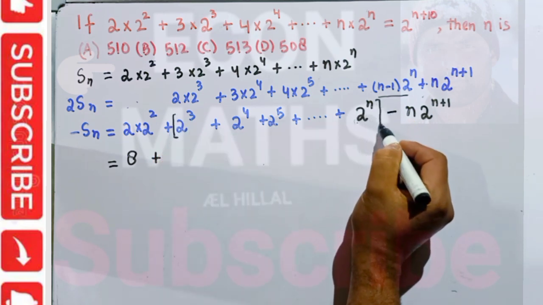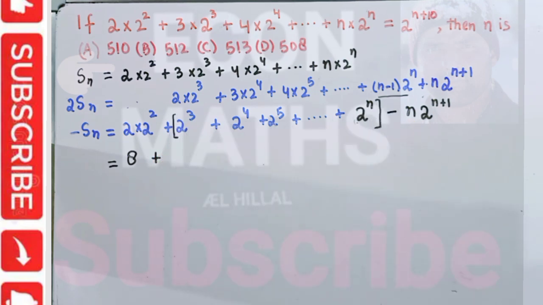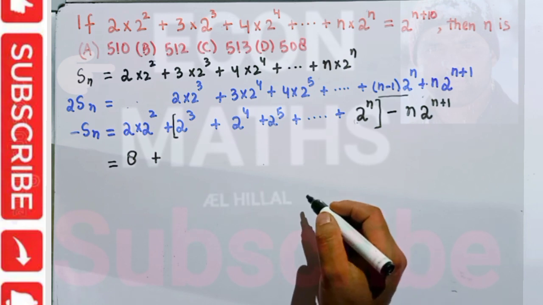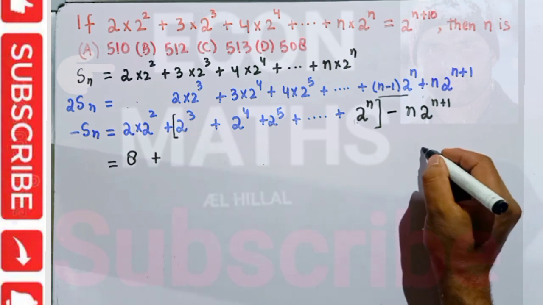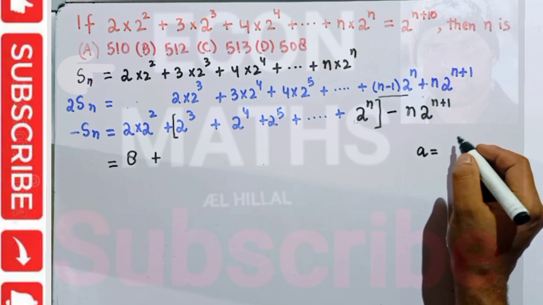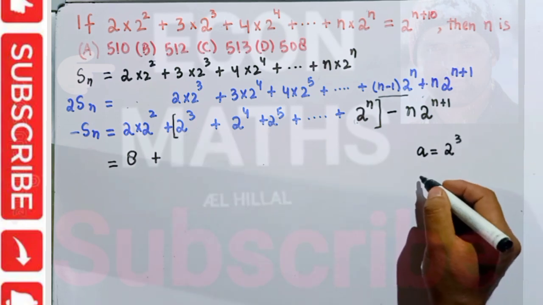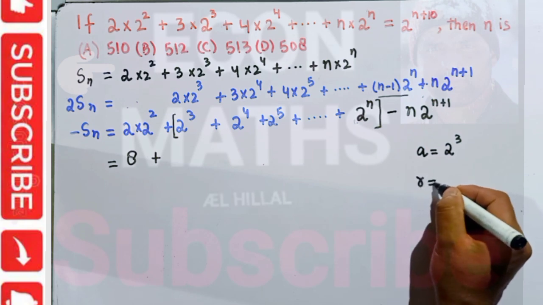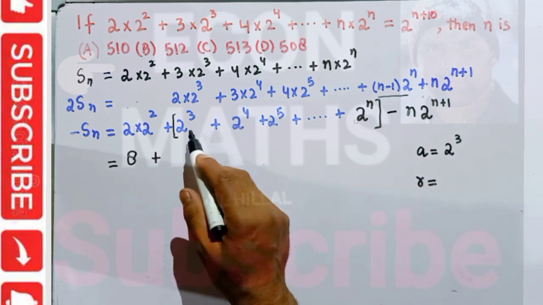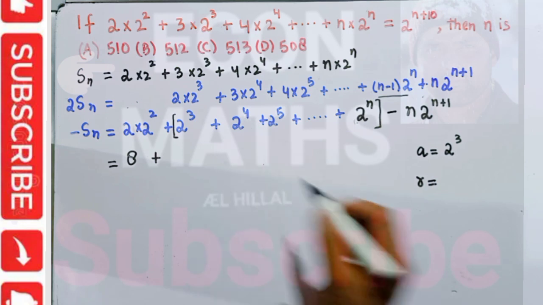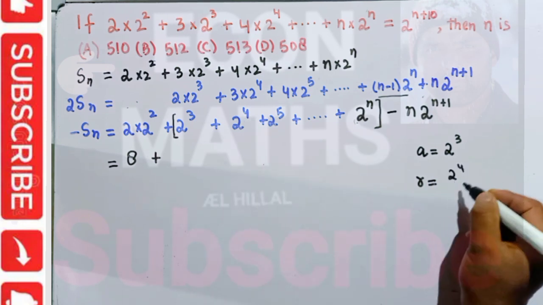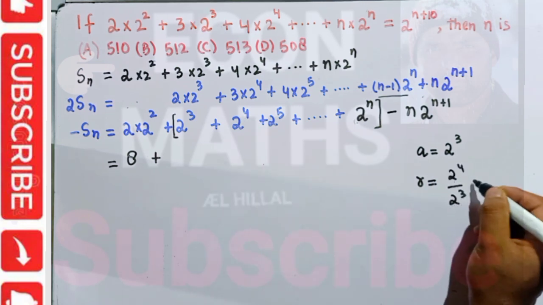you can see this pattern here. This seems to be a geometric progression with first term a. Let us denote a as our 2 cube, and common ratio denoted by r. When we divide 2 raised power 4 by 2 cube, we will get 2 only.